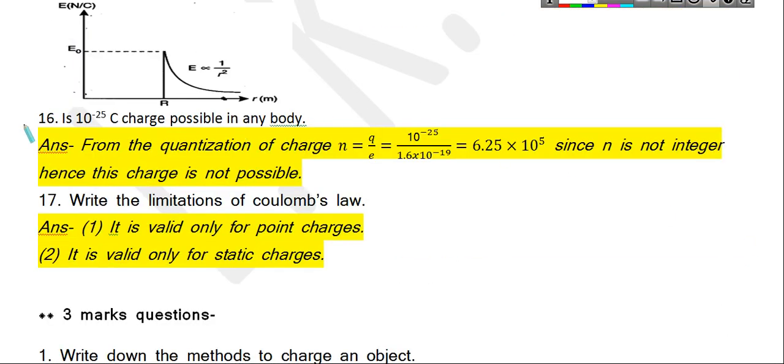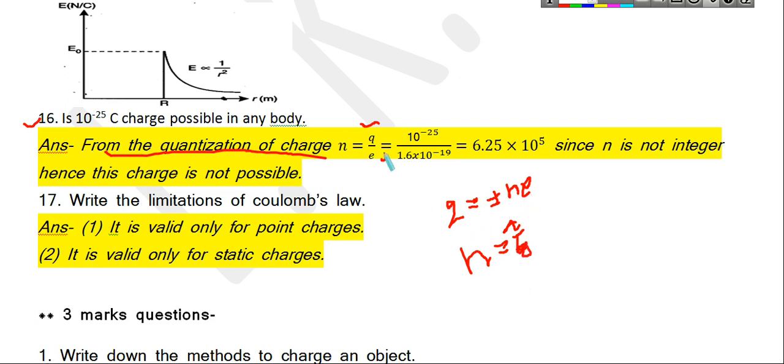Question number 16. Is 10 to power minus 25 coulomb charge possible in any body? From the quantization of charge, we know that Q equal to plus minus nE, then n equal to Q upon e, because e is transposed.